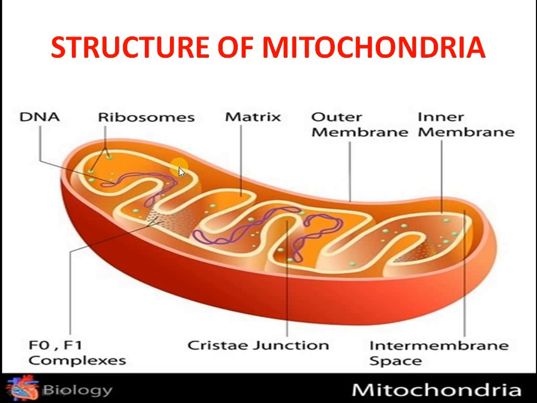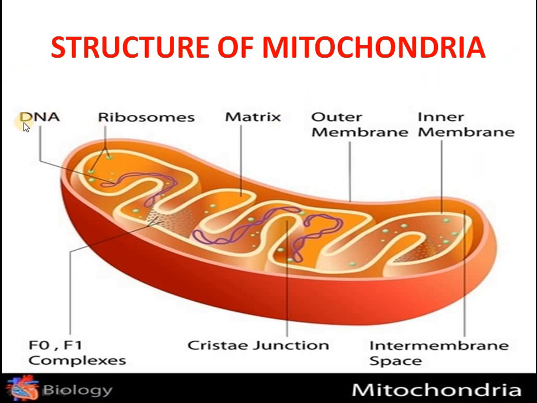You will be surprised to know that mitochondria also consist of DNA molecules. Earlier, you already know that DNA molecules were present only in the nucleus, but there is one more organelle that consists of DNA molecules, that is mitochondria.